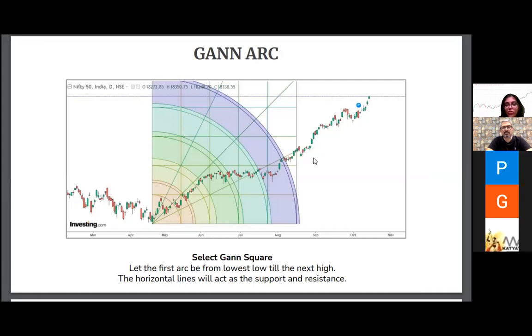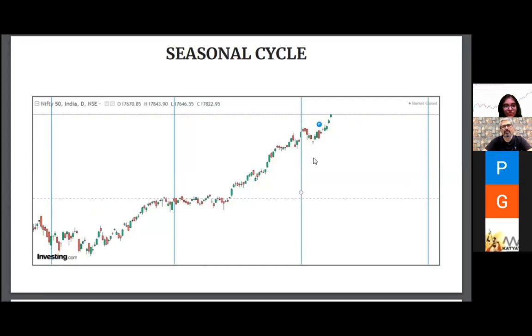Then there is also, if I can add something here. When we talk about WD Gann trading theory, it was mostly focusing on commodities and not on stocks. And because it focused mostly on commodities, seasonality became a prominent factor. Whether you talk about wheat, natural gas, or metals, all these commodities have seasonal cycles.